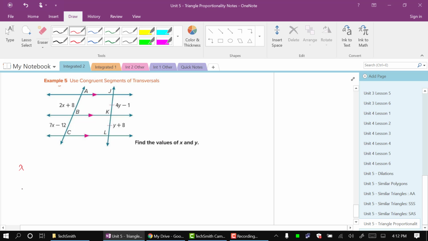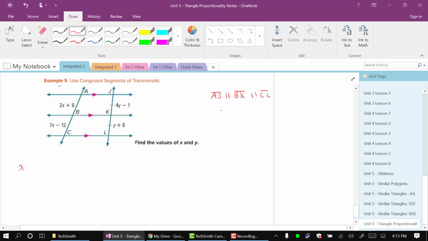We have AJ is parallel to BK, which is parallel to CL. AJ, BK, CL, those three are all parallel to each other.